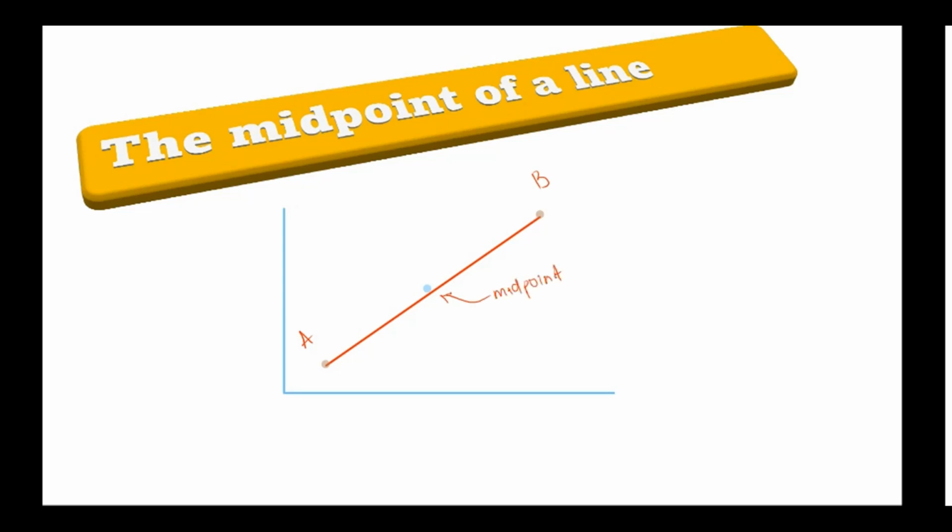Okay, if A has the coordinates x1 and y1 and B has the coordinates x2 and y2, to calculate the midpoint between these 2 points, we use the formula: midpoint is equal to (x1 plus x2) divided by 2, and (y1 plus y2) divided by 2.